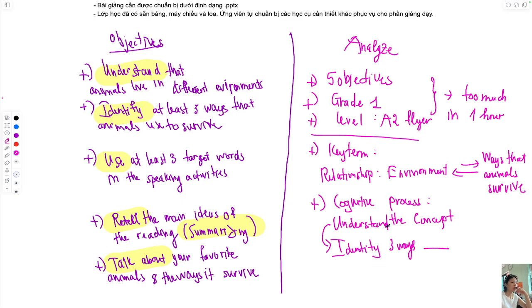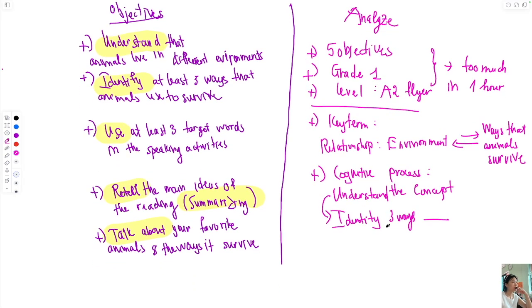And the next one is use target words, retell the story. Because we have a text to read, I think we have to learn some words before we can use them, right? We learn some words and try to memorize them and understand them.